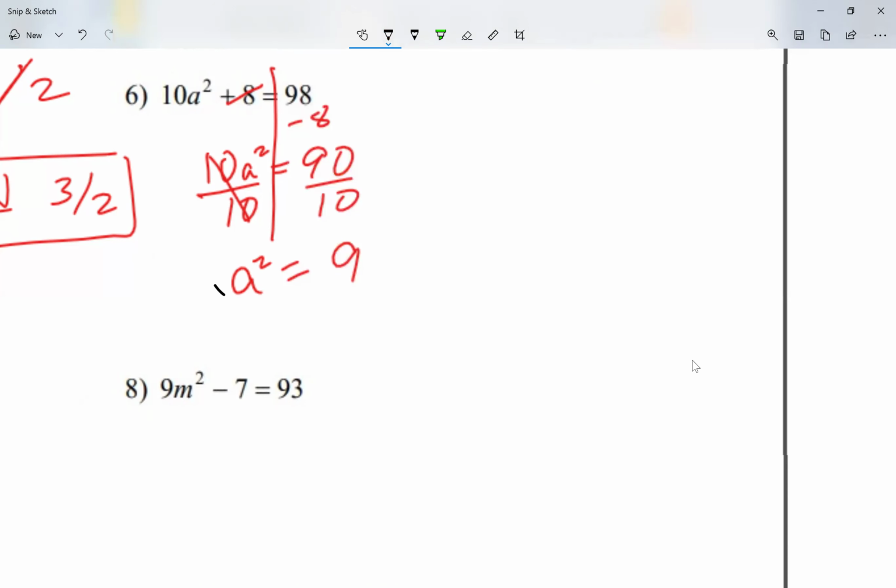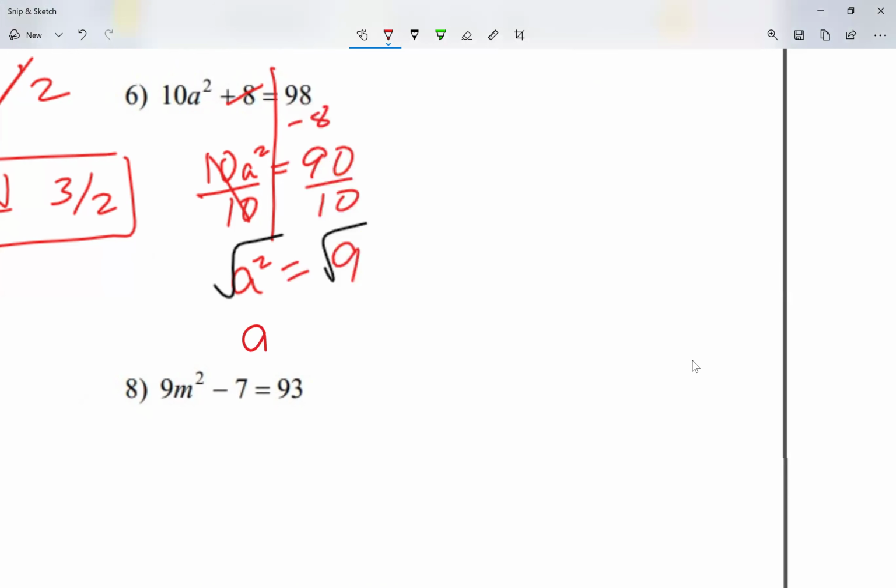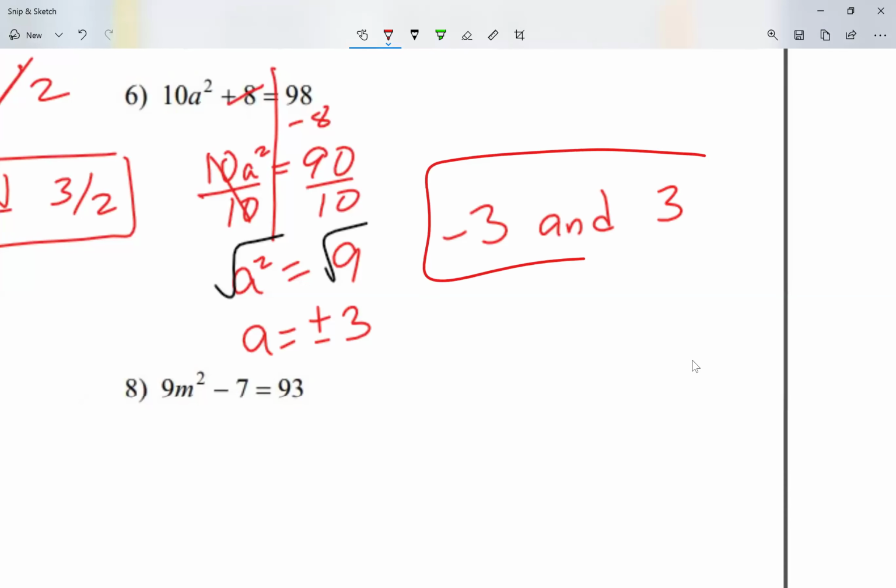Now I'm just going to get the square root on each. So a is going to be my positive and negative square root of 9. Well, the square root of 9 is 3. So my answer is going to be -3 and +3.